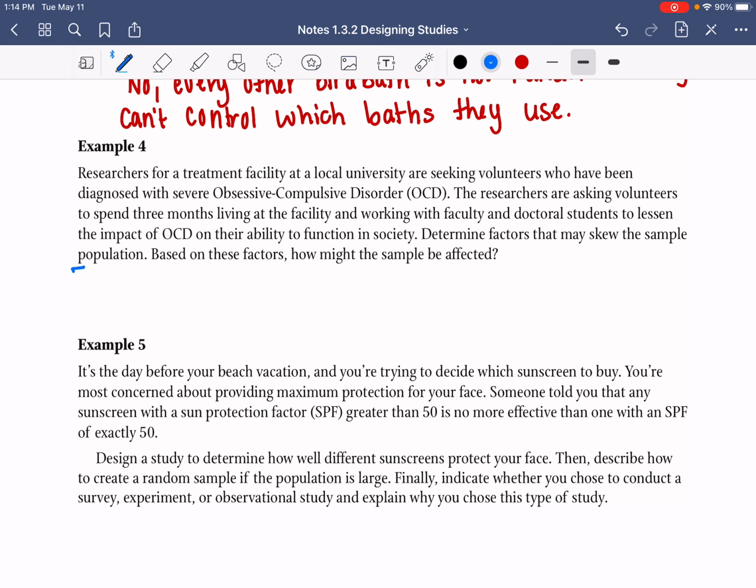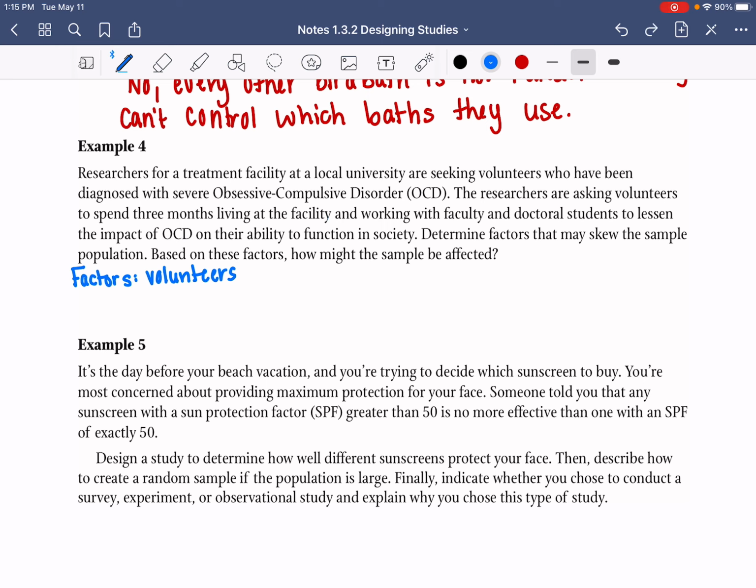So some factors, and this happens, sometimes these things can affect, but they took volunteers. Anytime you take volunteers, that is going to affect it because it's not actually random. The people have to live at the facility for 3 months.